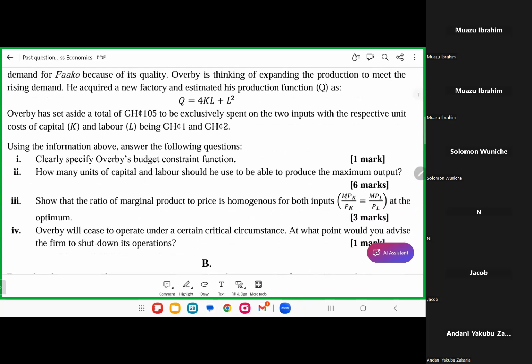As you can see, MPK over price of K is equal to MPL over price of L, which means that the marginal product per cedi is the same for each production input. So how do we solve it? They are saying we should show that.